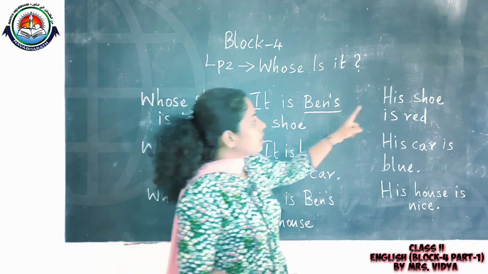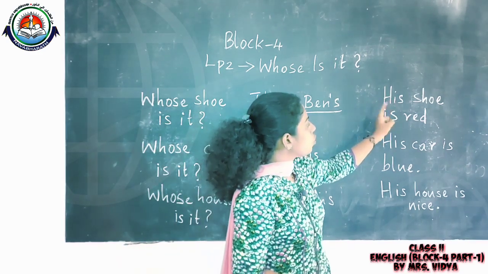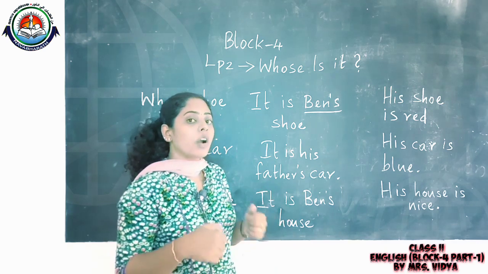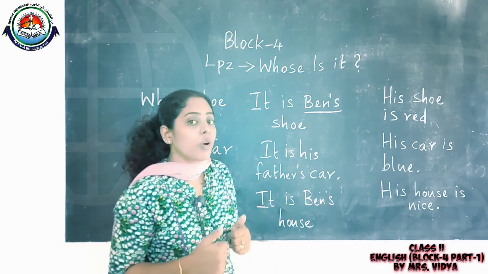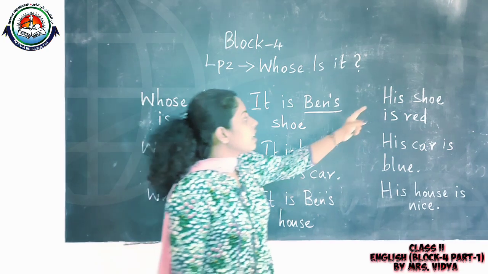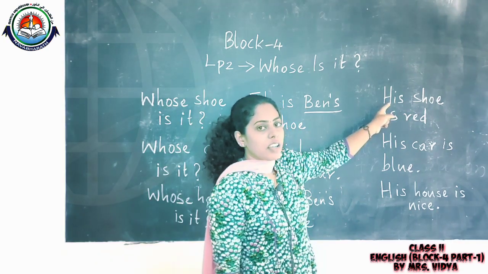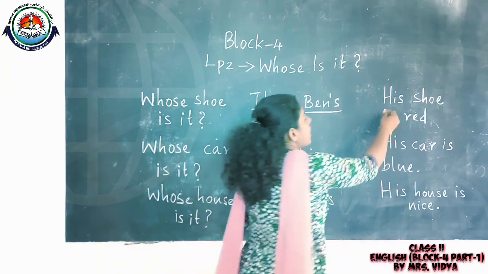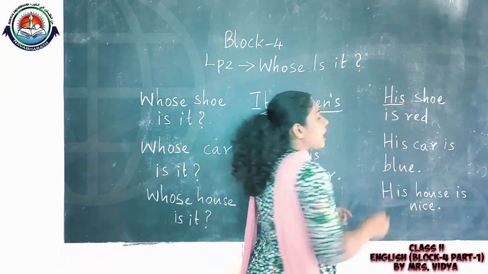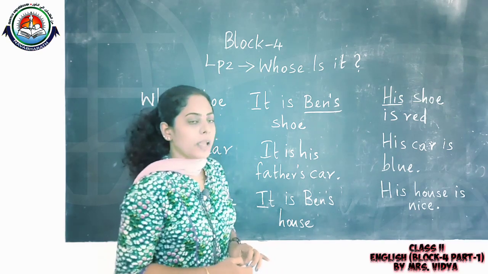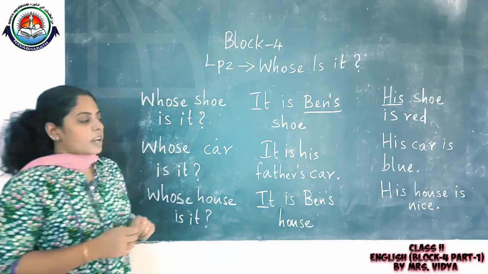So look at the third one. His shoe is red. So instead of Ben, what we have used? You can see one word here. Read this. Yes, his. So instead of Ben, we have used here his. Okay. Now look at the second one.